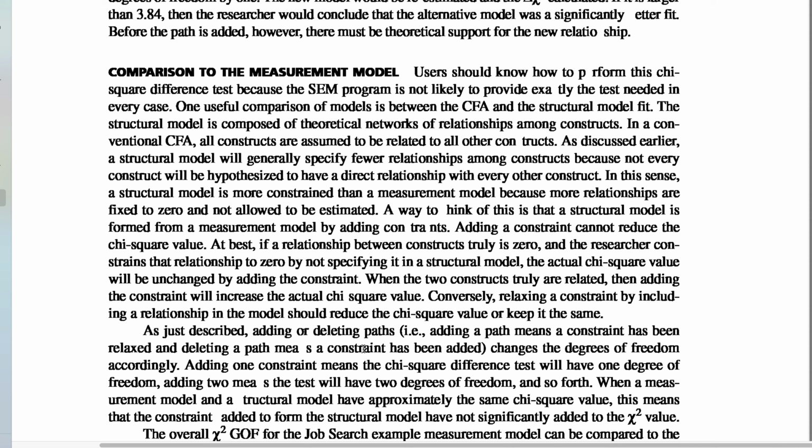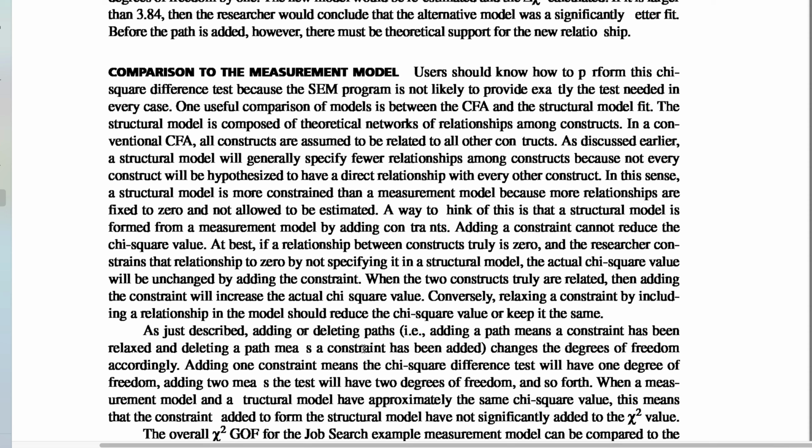In the same sense, a structural model is more constrained than a measurement model because more relationships are fixed to zero and not allowed to be estimated. A way to think of it is that the structural model is a form of measurement model with added constraints. Adding constraints cannot reduce the chi-square value.